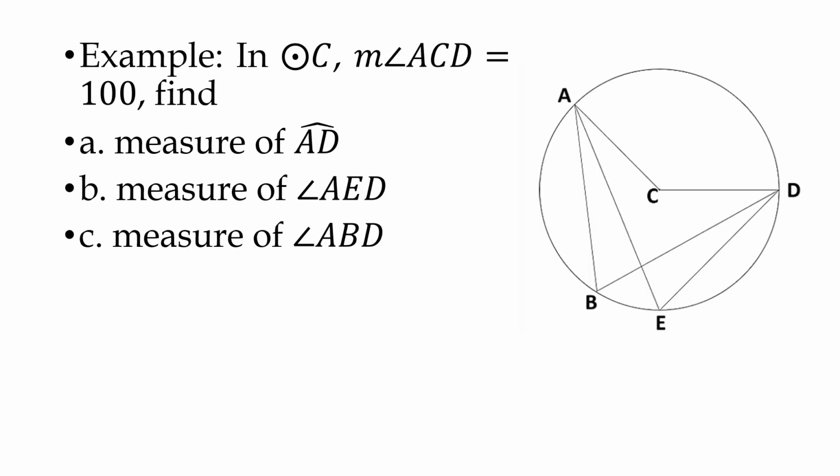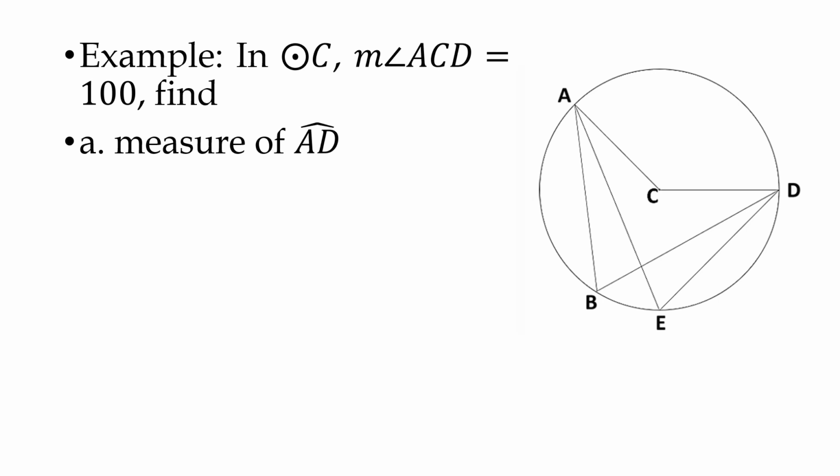Let us try to answer the following problem. In circle C, measure of angle ACD is equal to 100. Find B, the measure of angle AED, and C, the measure of angle ABD.